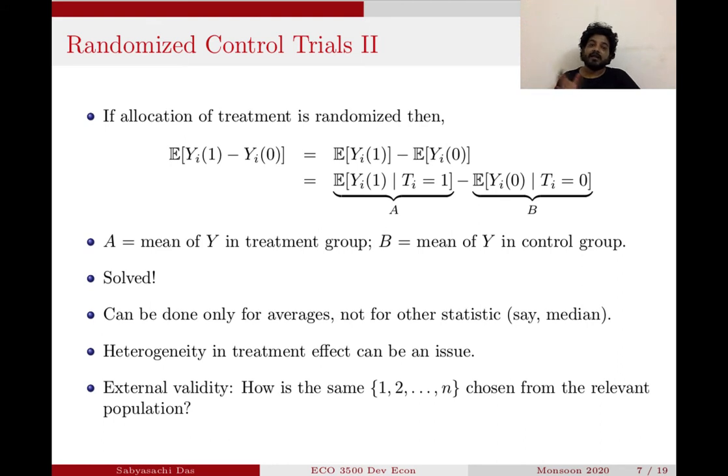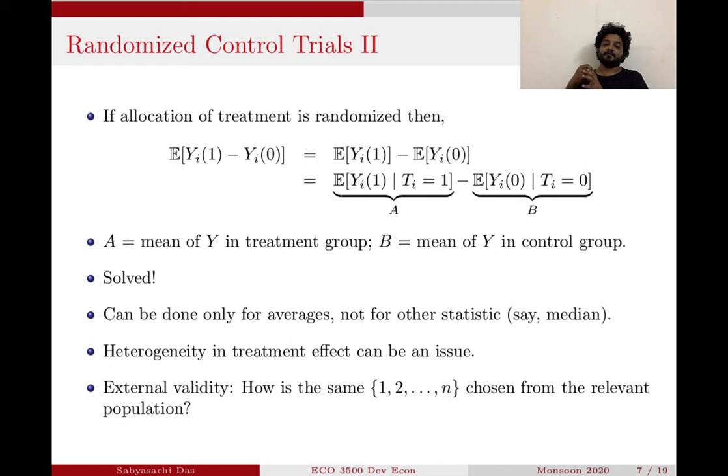Now, what a randomized control trial does is that it randomizes access to treatment across these n people. So it randomly assigns the treatment to a subset of the pool of the sample.